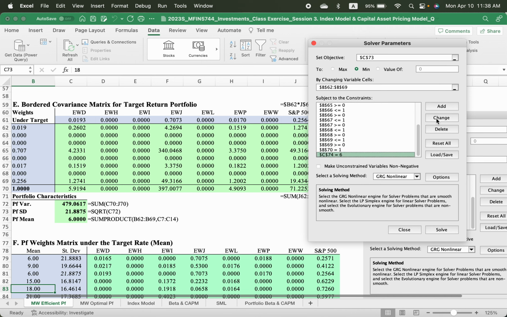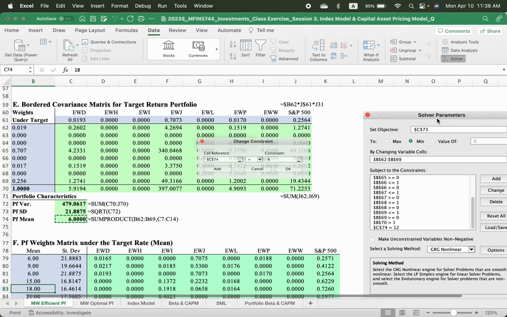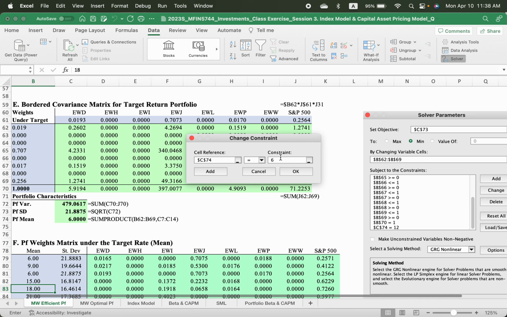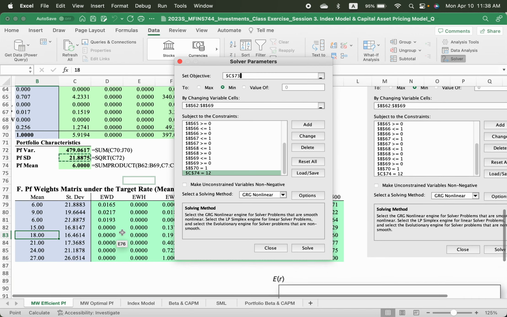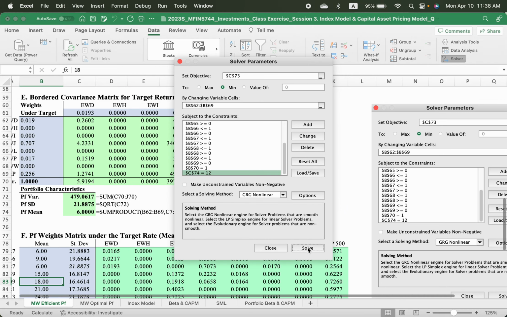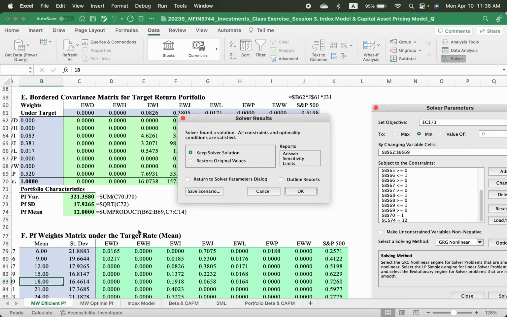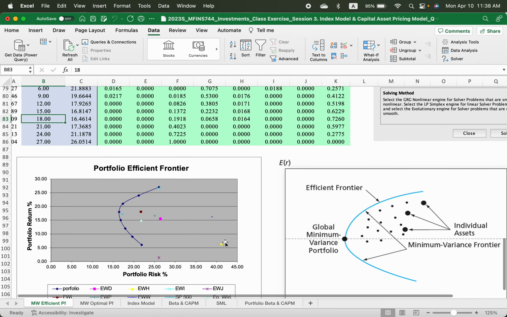Let's change this to 12, for example. 12, okay, and solve. Now, do you see, if we set this 12% as the target rate of return, 17.926 is the standard deviation. Okay. So likewise, we can find all of this efficient frontier line.